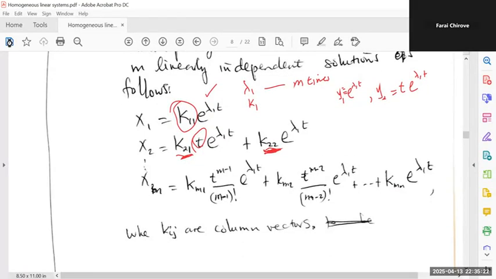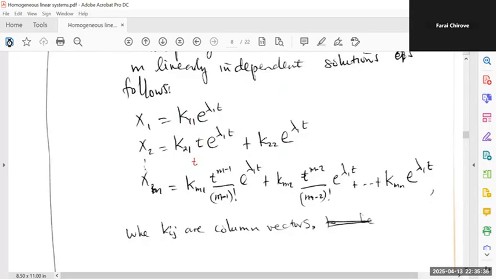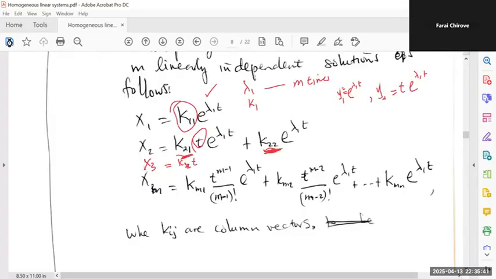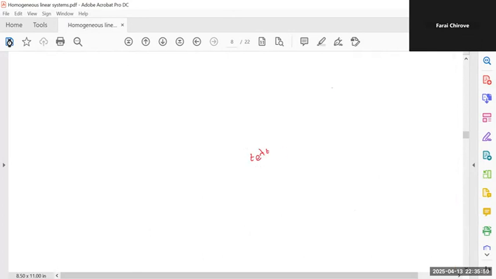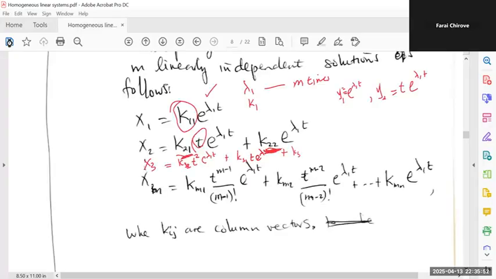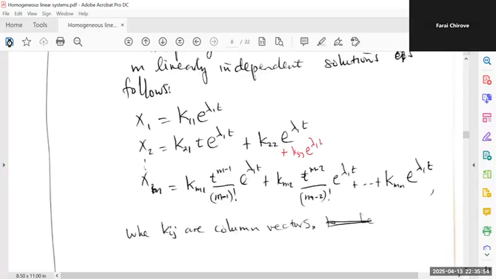And then you carry on doing that. For x3, you can guess that it can be k32 t squared e to the power lambda 1 t plus k31 t e to the power lambda 1 t plus k33 e to the power lambda 1 t.